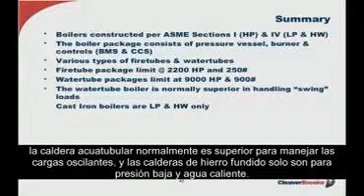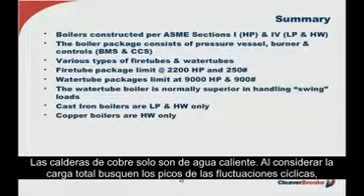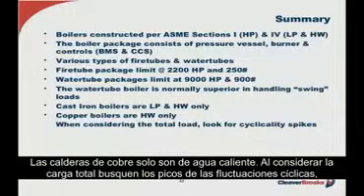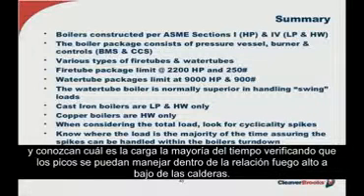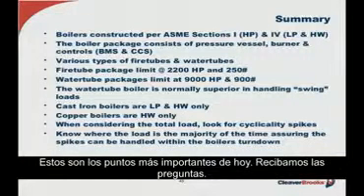Cast iron boilers, remember this, are low pressure and hot water only, not high pressure steam. Copper boilers are hot water only, no steam at all. And when considering the total load, look for the cyclicality spikes. Know where the load is the majority of the time, assuring the spikes can be handled within the boiler's turndown. Those are your takeaways.